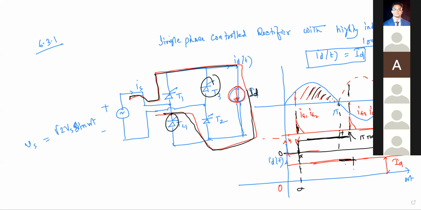Okay, so that should be your conduction period of T1 and T2, and this point is pi plus alpha. So you have applied the firing pulse to your T3 and T4, and then immediately T3 and T4 will be conducting.